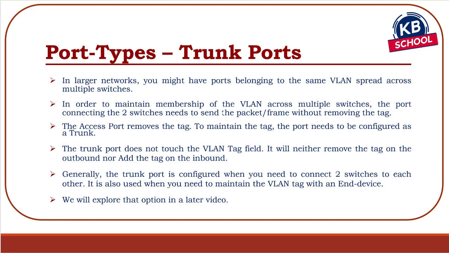An access port, what does an access port do? Remember, what is the functionality of an access port in regards to the tag? It will remove the tag. If I remove the tag, the other switch will not know which port that particular frame belongs to on the other switch. So that's where the trunk port comes in, which is a very important functionality.